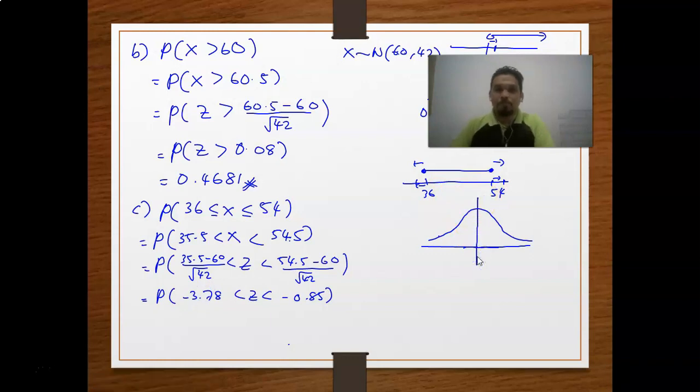So now negative 3.78 is somewhere around here, and this is negative 0.85.